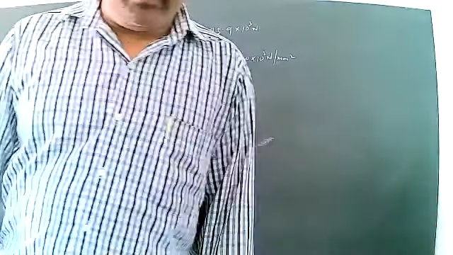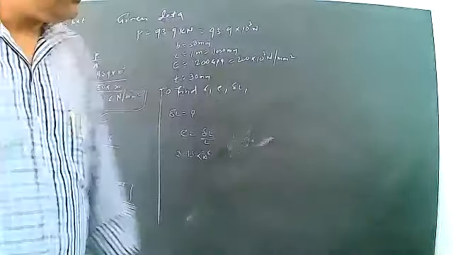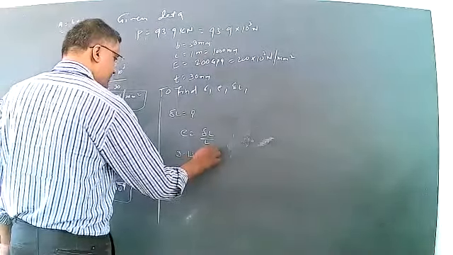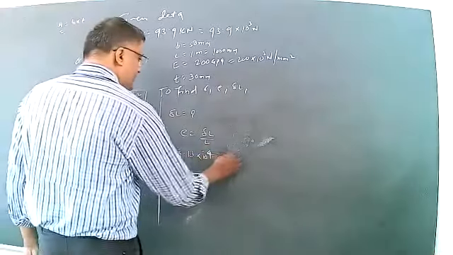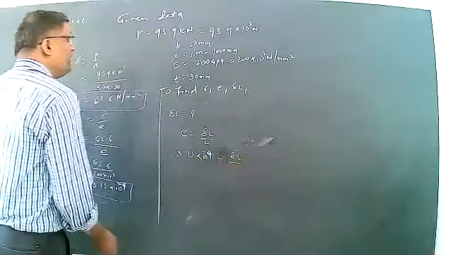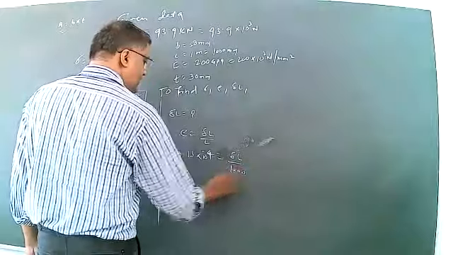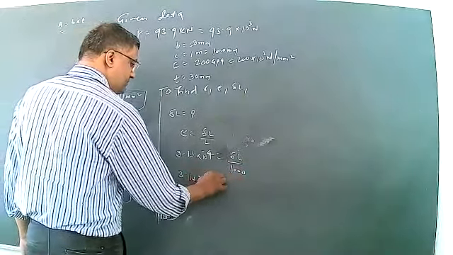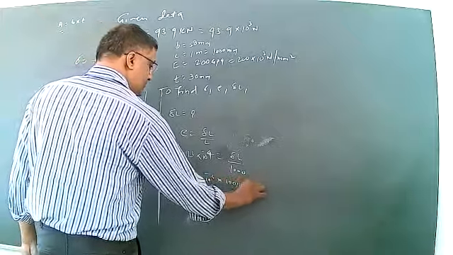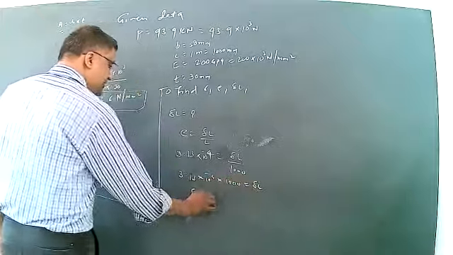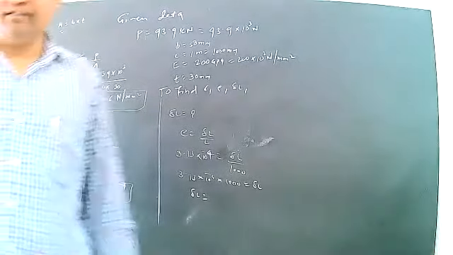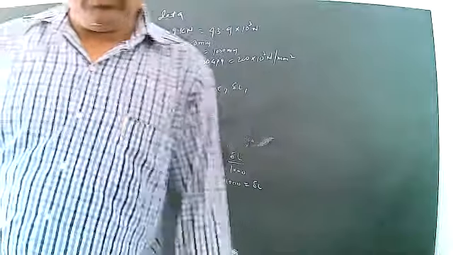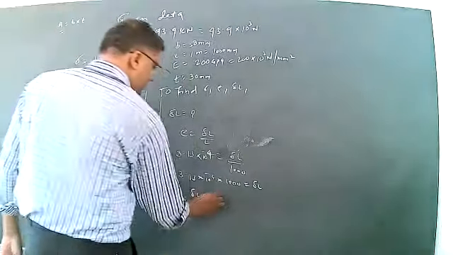Here the original length is already provided, 1000. Then do the cross multiplication. Delta L, the change in length, you can easily calculate, and finally you will get the value 0.313.